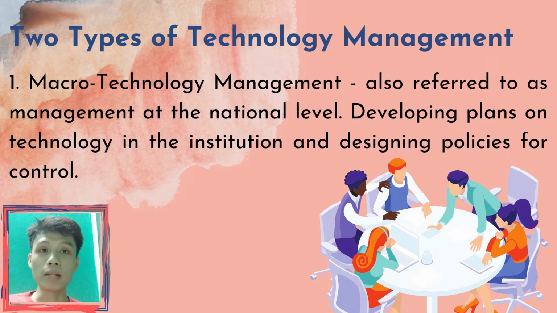It involves the planning of technology development at a larger scale, identifying the key issues and related fields to be developed, deciding on whether importing technology management plans of different institutions or self-development is to be pursued, establishing mechanisms for managing technology in the institution, and designing policy measures for control.